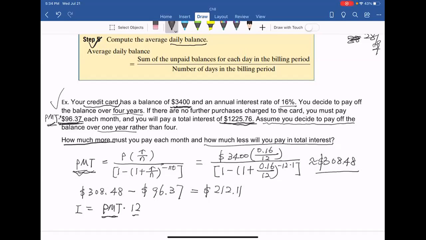Times 12 means I need to pay 12 months in a year, and then times T is 1 year. Subtract the balance, which is 3,400. Use your calculator to find what is that.